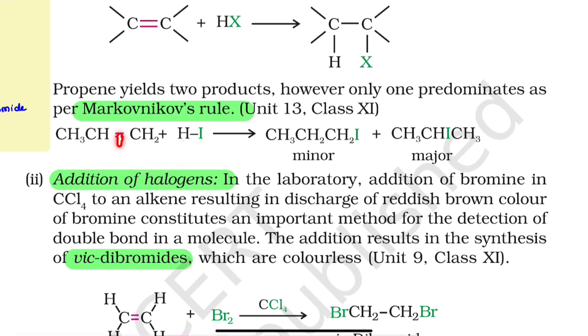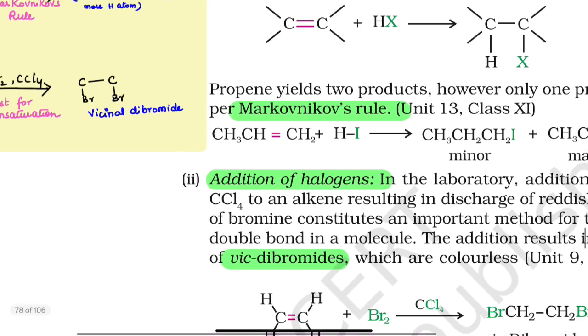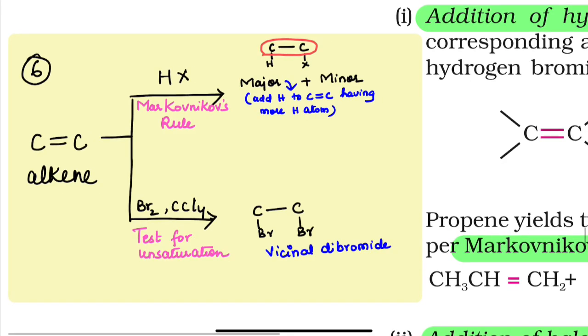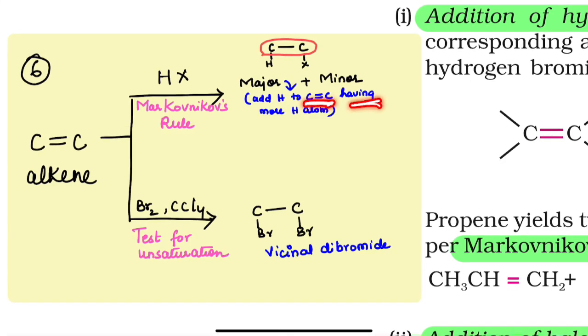So break this double bond, add hydrogen here and then iodine here. So see here, major product: we have added hydrogen to this carbon, and to the center carbon we have added iodine. So that will be the major product. This is according to Markovnikov's rule. So I have written here: add hydrogen to the carbon-carbon double bond carbon having more number of hydrogen atoms.